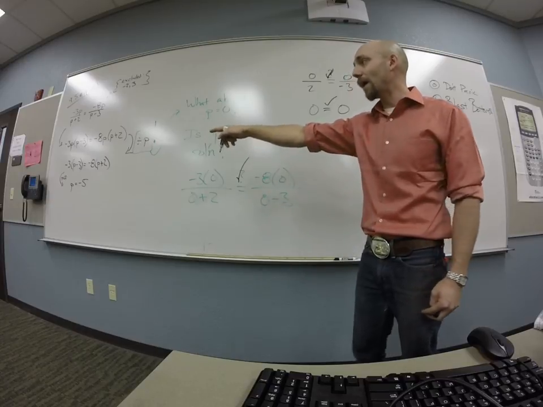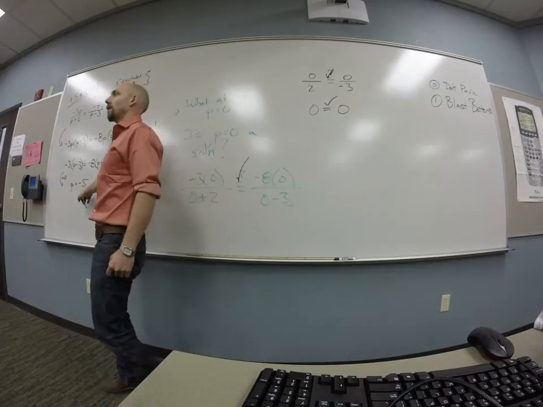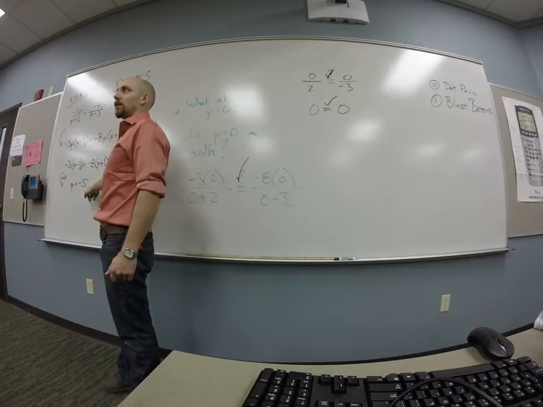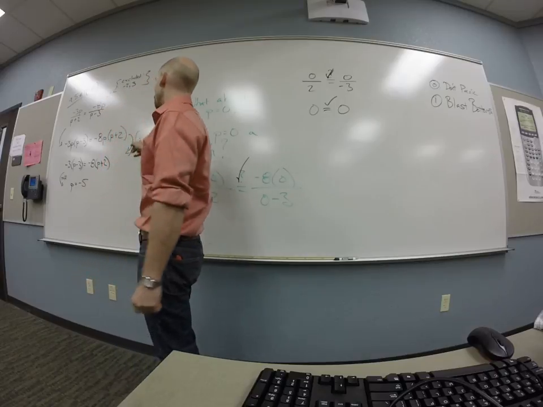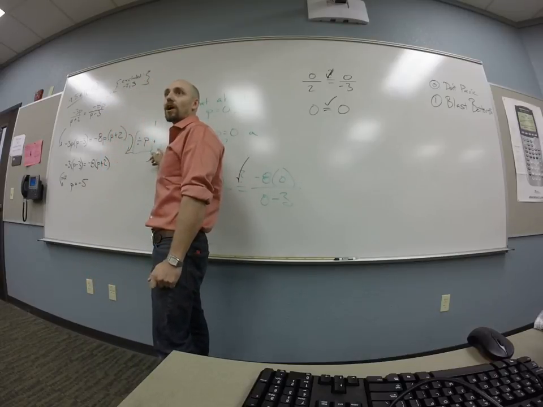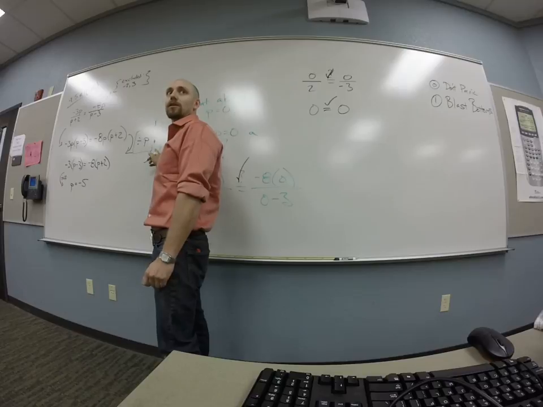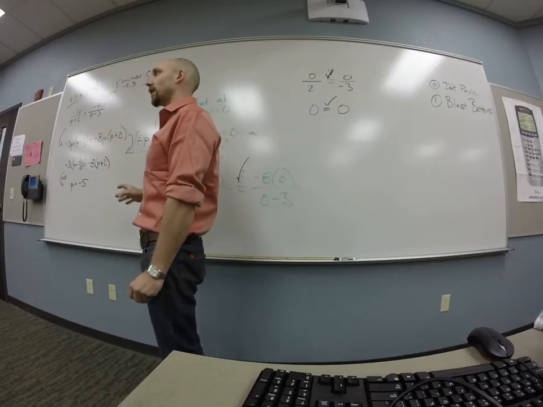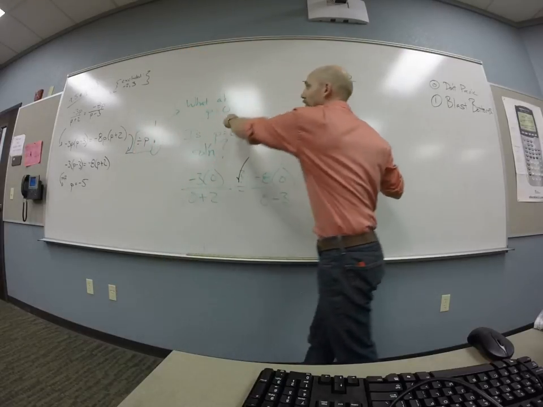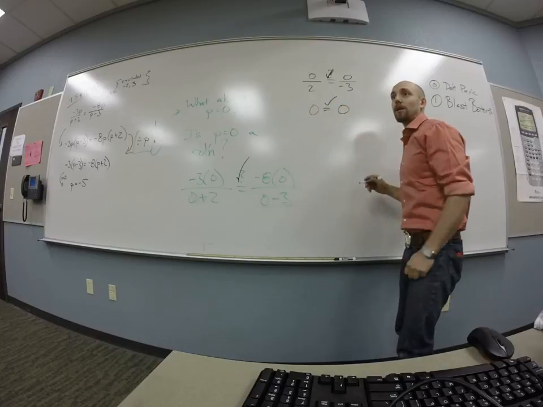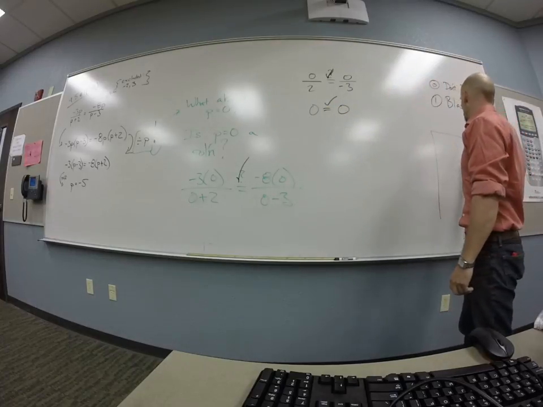I should have that, but at the end here I don't, right? You guys see that? So it's possible for me to lose solutions when I divide by something with a variable in it. So you've got to be careful with those, okay? So what I recommend you do is a slightly different approach, which is when you divide by something with a variable in it, I would just throw it in your solution box.